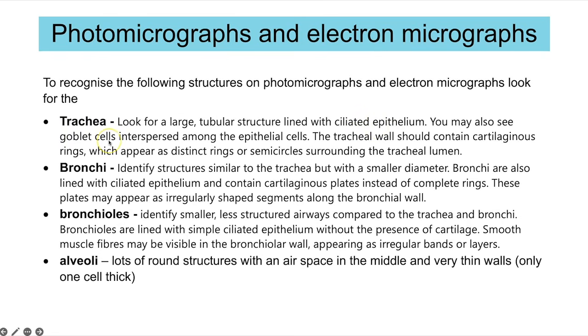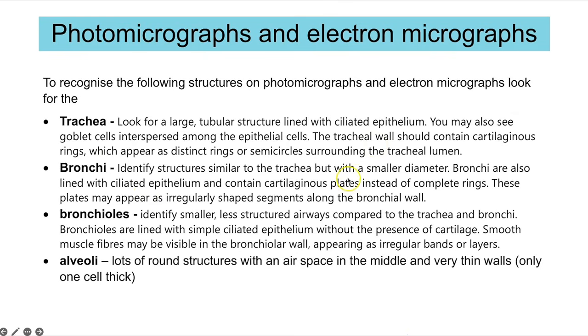You may also see goblet cells, which are interspersed amongst epithelial cells, which would be this big, almost like indent into the cell where you have mucus being produced. The tracheal wall should contain cartilage as well, and you get these C-shaped rings of cartilage.